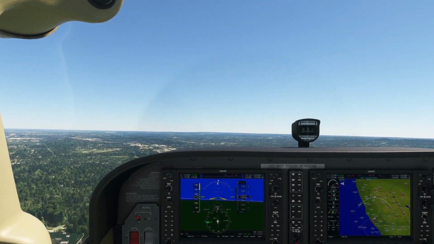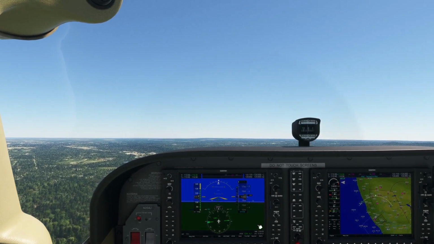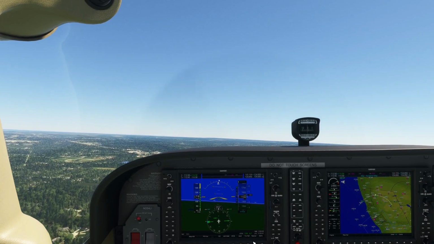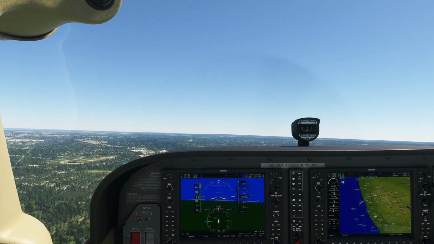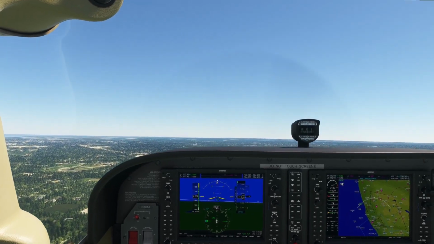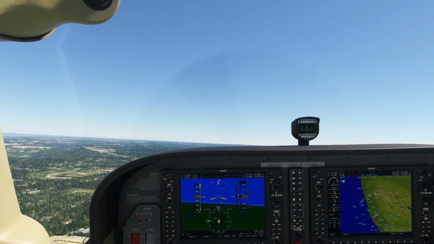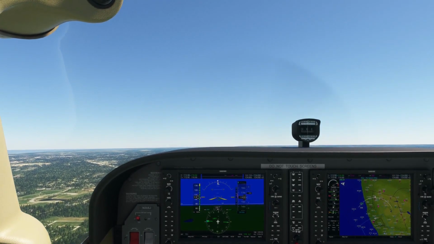And because I have digital instruments here, I can see my vertical speed on that, so I'm rising a bit. That's my elevation, so I'm getting closer to the 1600 that I should be at. Let me get myself closer to that, because that'll just make things a little bit easier.